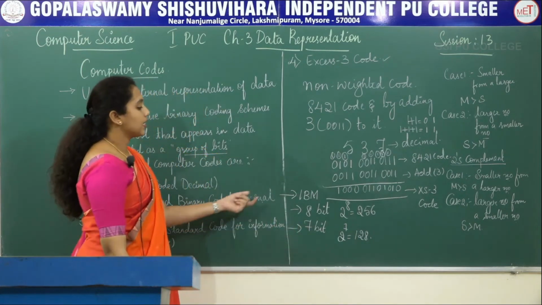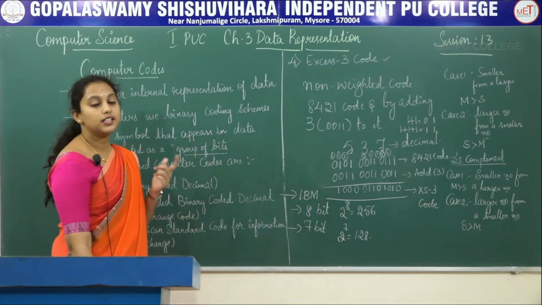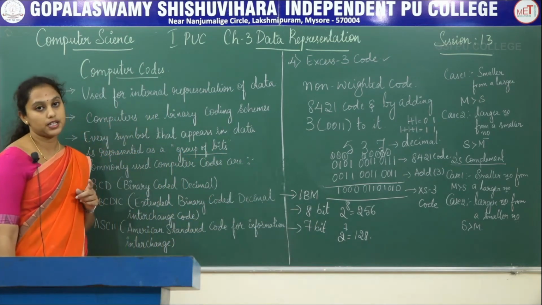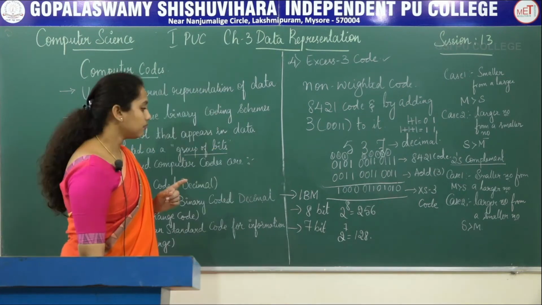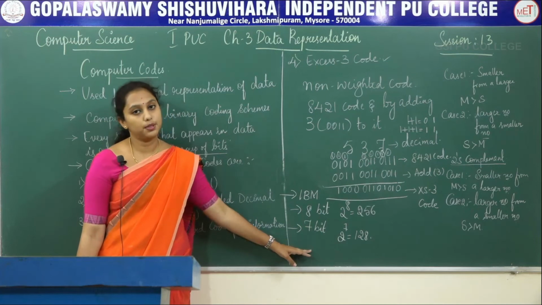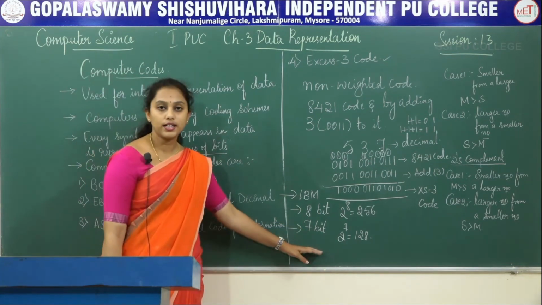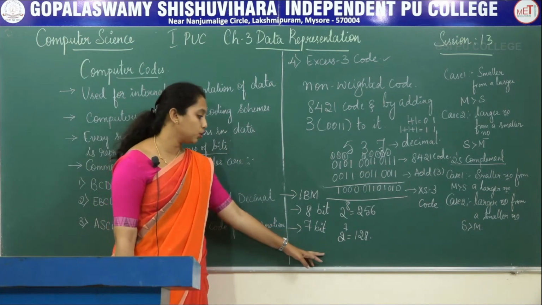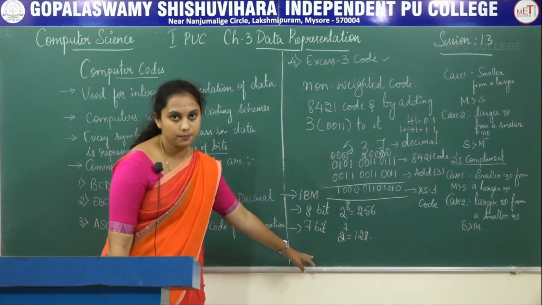In this, the first 3 bits represent the zone bits and the last 4 bits represent the digits. It is used in microcomputers for data communication, and this coding is used for alphanumerics and some special characters.